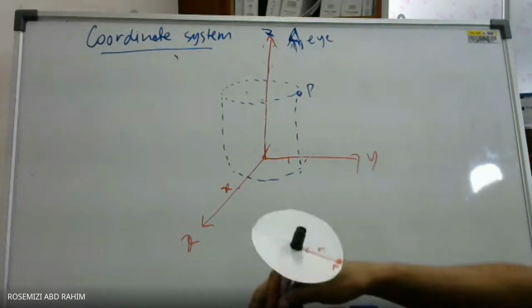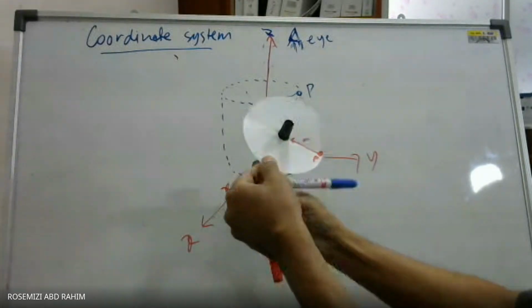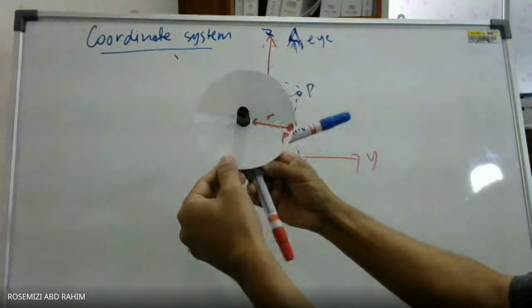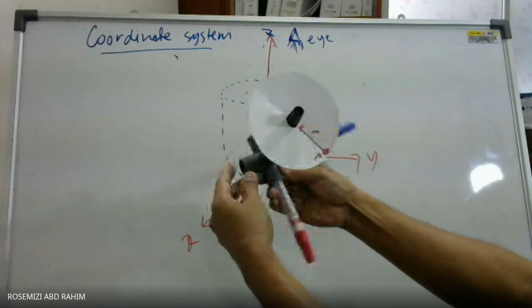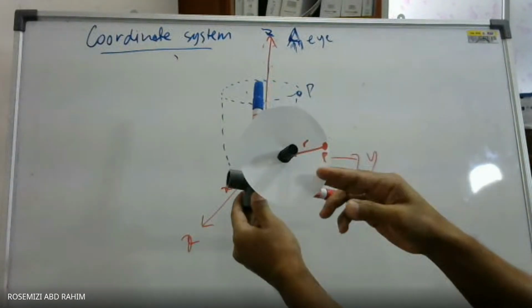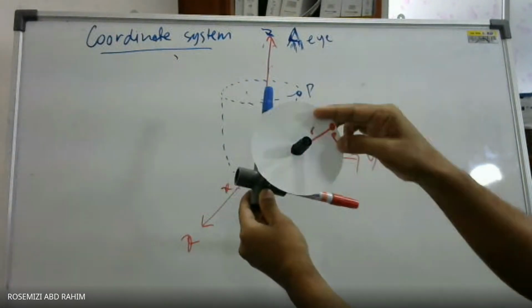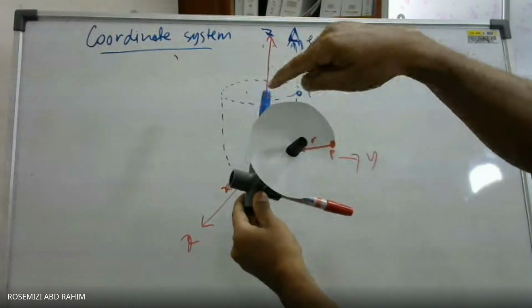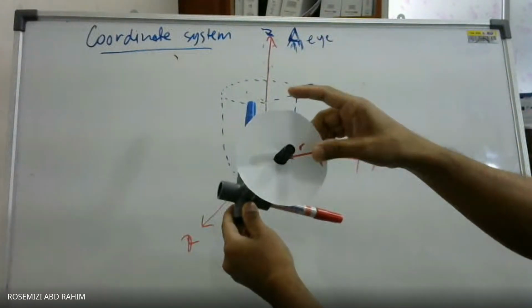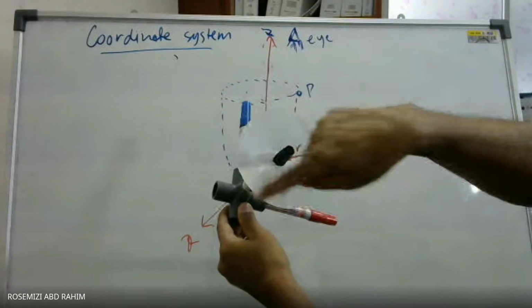This one. Oh, sorry. Okay. Like this. This circle is the top of the cylinder. Top of the cylinder is a circle.